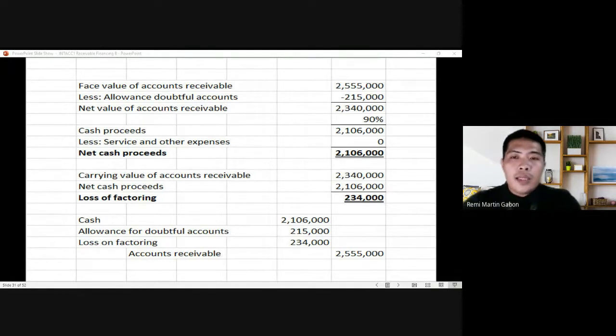So our journal entry: debit cash of 2,106,000. Then we debit allowance for doubtful accounts, 215,000. Then we debit loss on factoring, 234,000. Then credit accounts receivable for the entire amount of 2,555,000.